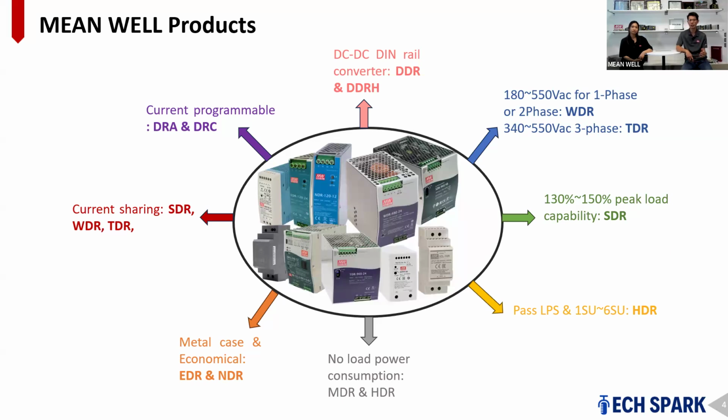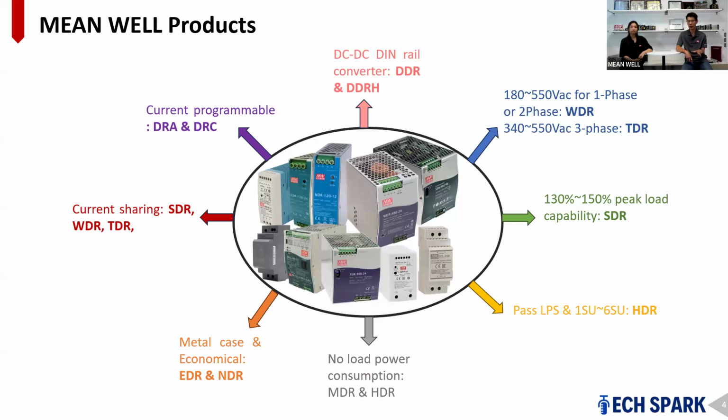And then some applications such as motors and pumps require peak load capability. The SDR provides 130 to 150 percent peak load capability, which is very suitable for those applications.